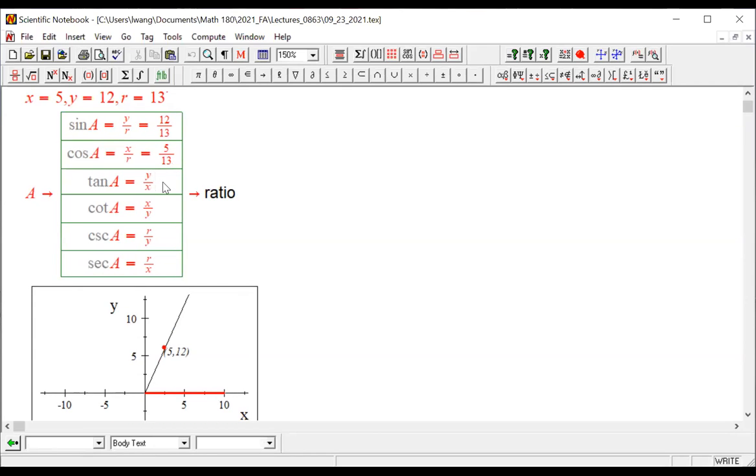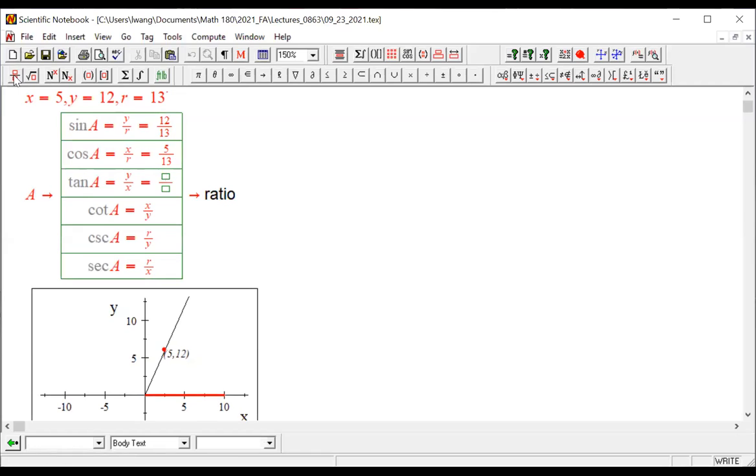How about y over x? 12 over 5, right? And cotangent is what? Oh, sorry, I made a mistake. y is 12. Cotangent is x over y. x is 5. So I was right there, right? You guys better keep an eye on me, okay?